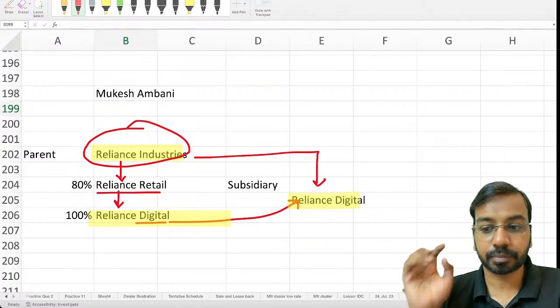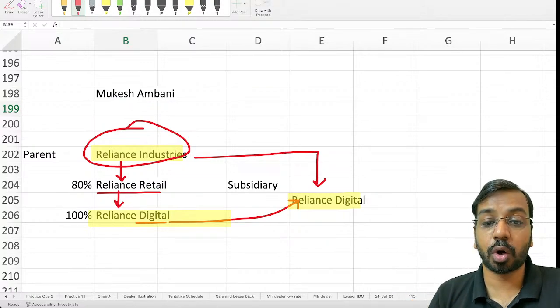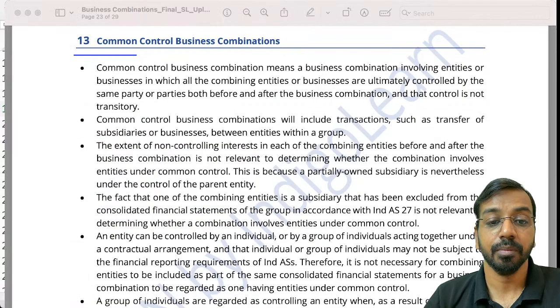Now, when that is a common control transaction or common control business combination, how do we account for it? That is the main part.